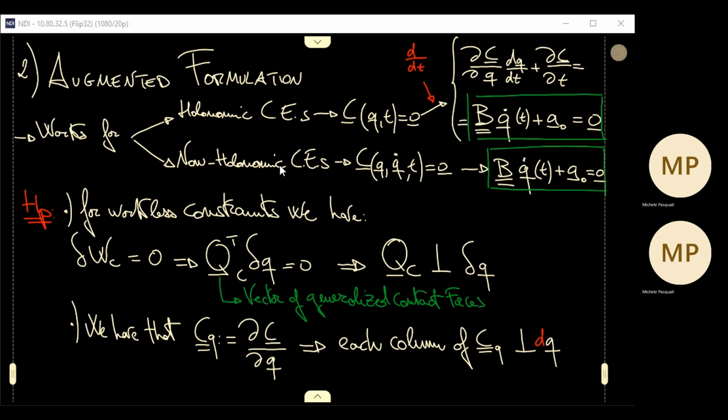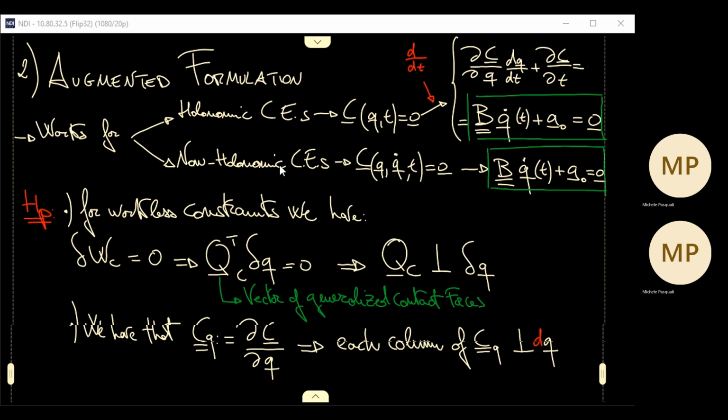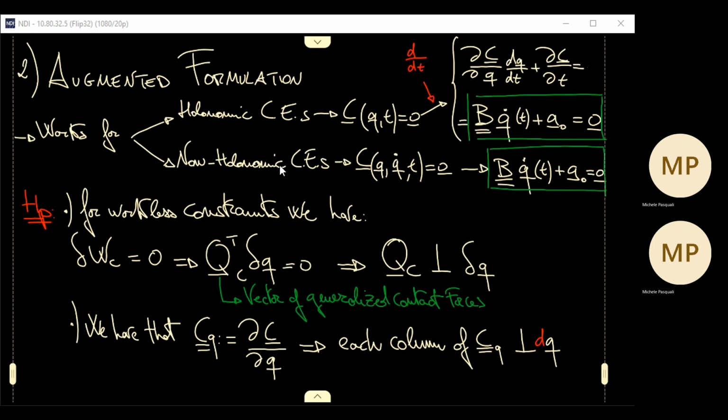It is pretty much the same, but let's keep it like this. So we have to express a vector of contact forces which is perpendicular to the delta Q. And we also already have encountered a mathematical object whose columns are perpendicular to the same very object. So always the Q.